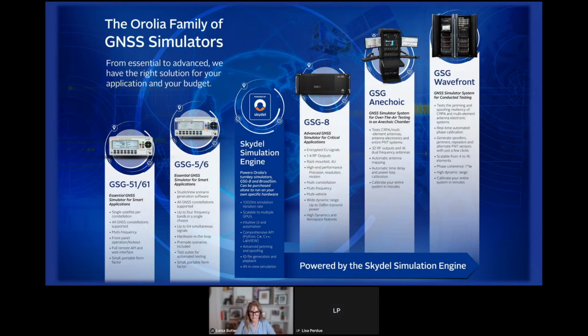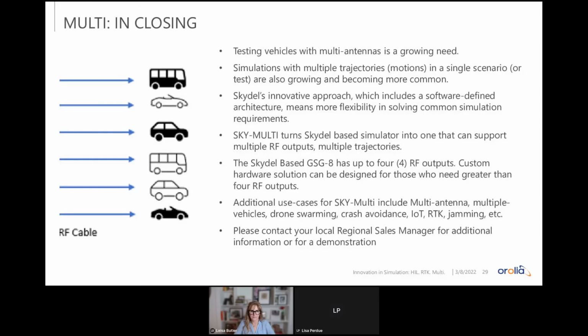So we worked with them to put together a Skydel-based system with hardware that supported 16 different outputs. Even though we talked here a lot about the GSG-8 and its ability to support 2 antennas or up to 4 signal frequency antennas, that doesn't mean that Skydel is limited by that.